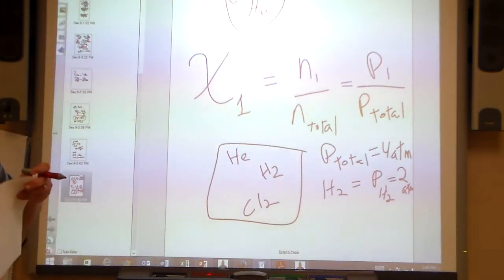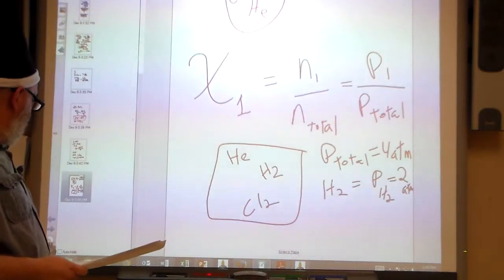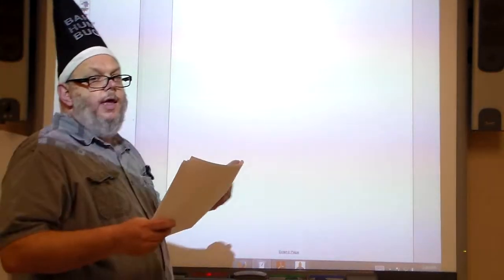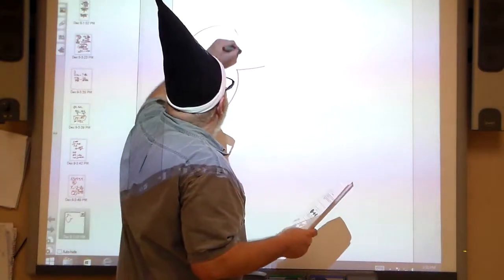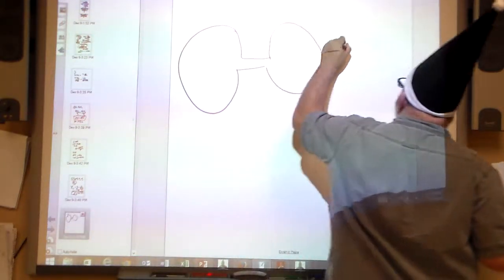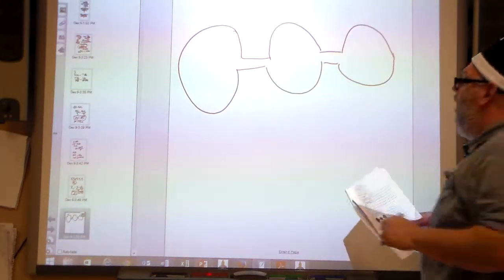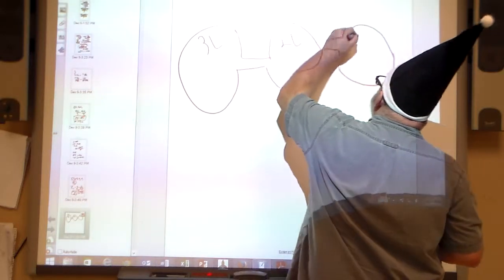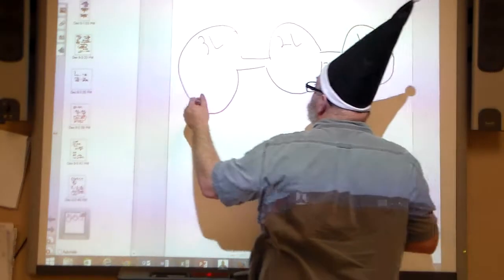Okay, and I'm flipping over to the next page as I'm wrapping up here. All right. Now, what about the idea about those containers, where we had this container, this container, and then this container? Let's say it was 3 liters, 2 liters, and 1 liter. Then we could look at the type of gas that it is.